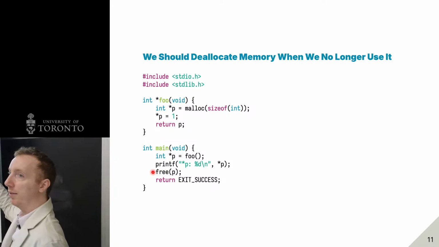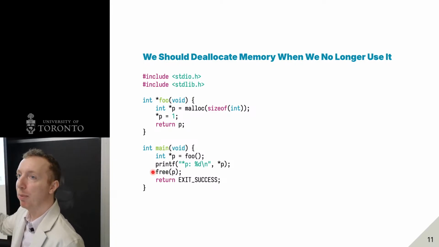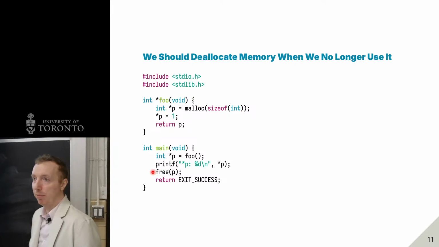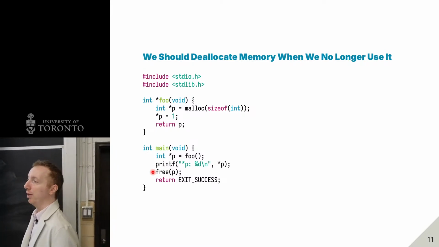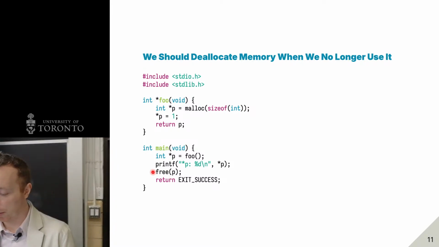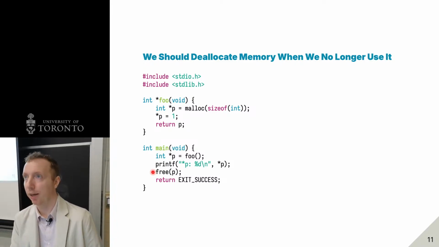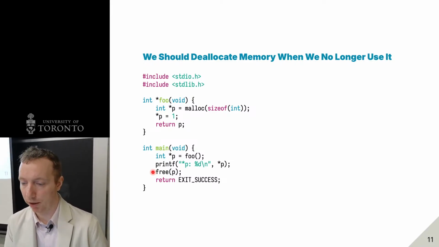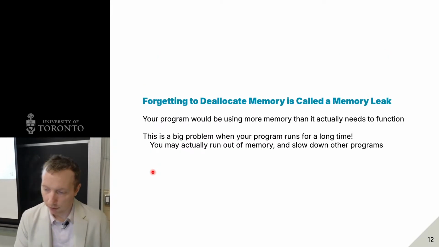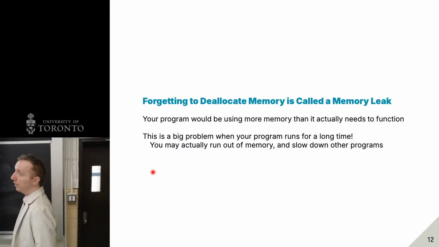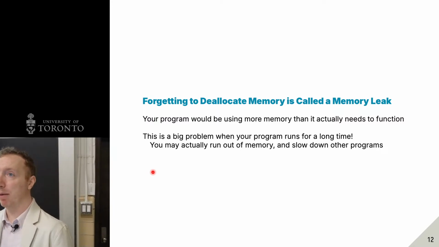And this is what makes C hard, because you kind of have to do your memory management by hand. That's why people call this manual memory management, and why some people use other languages where you don't have to do this. Although generally they run into the same problem, but they just don't know it. So forgetting to deallocate your memory is called a memory leak.